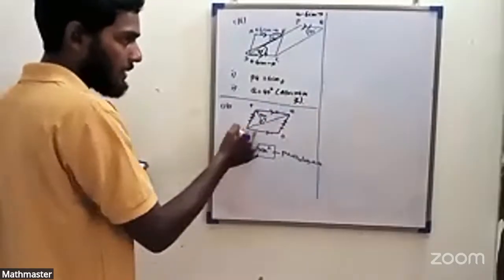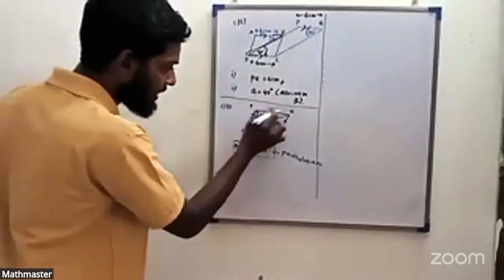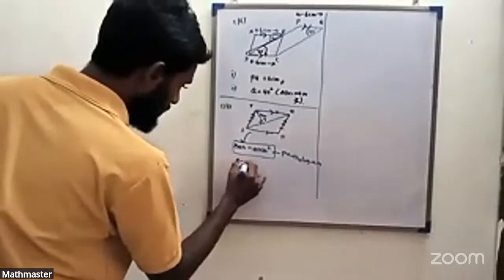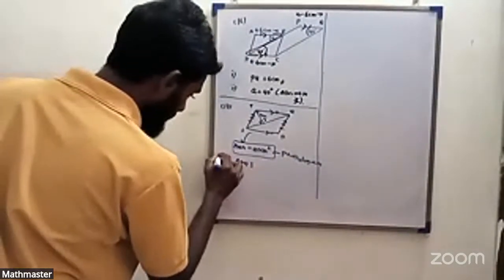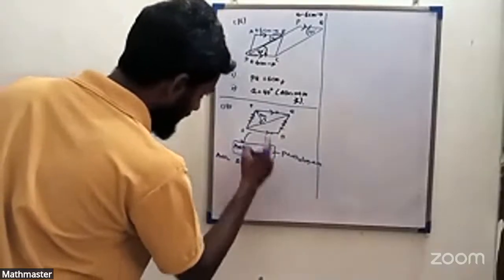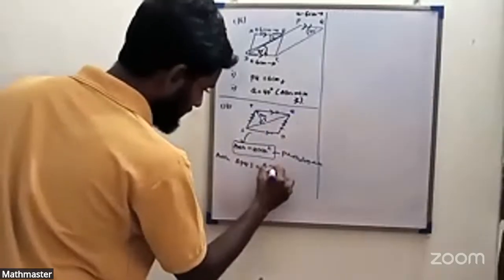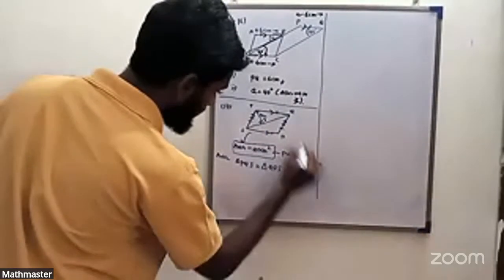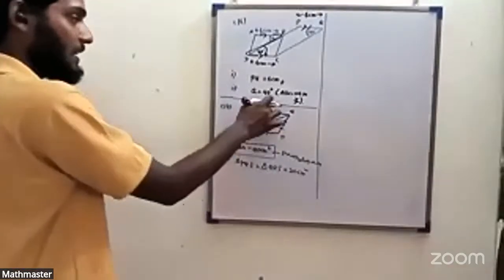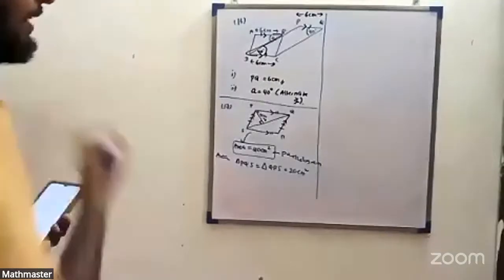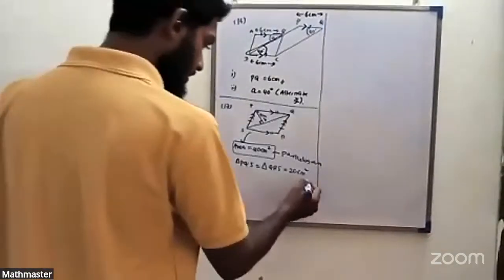It bisects. That means this part is 20, this part is 20. The area of triangle PQS is equal to the triangle QRS. How much is it? 20 centimeters square. Why? Here 20, here 20. It bisects equally. 20 plus 20 will give you 40 as total.